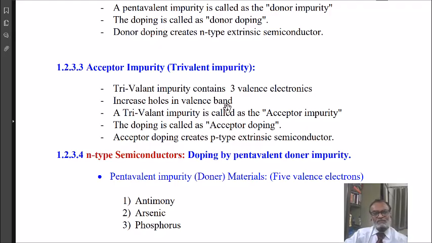So, if you take the example again, in 10 raised to 20 silicon atoms, if 10 raised to 5 impurity atoms are added, then the specimen consists of at least 10 raised to 5 holes created and available for free conduction.